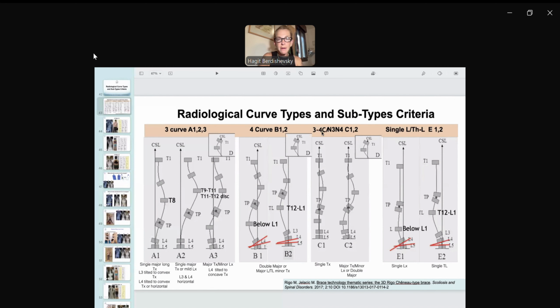So the 3-4C, the balanced curve with a transitional point on the central sacral line, also has two options. Some will have no lumbar curve. You can see that L4 is horizontal. And some will have a lumbar curve. We see that L4 is tilted towards the direction of the lumbar.